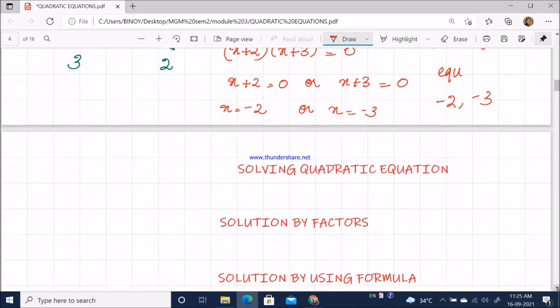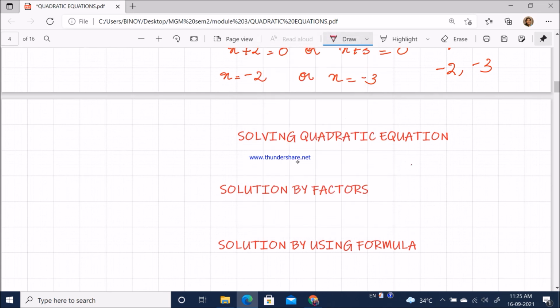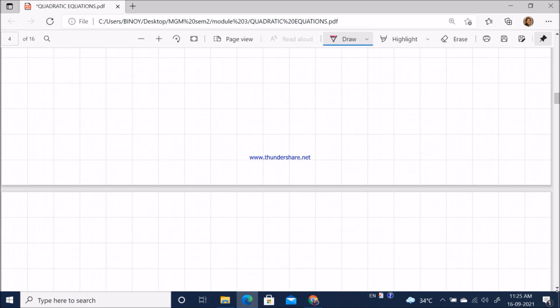Now, next we are moving on to the next section, that is how do we solve a quadratic equation. Solving a quadratic equation is considered in two methods: one is solving by factors and the other is solving by using a formula. Let's see the first method, solving by factors.